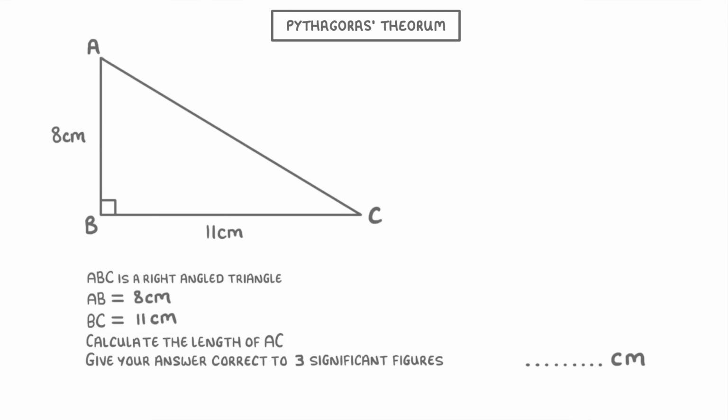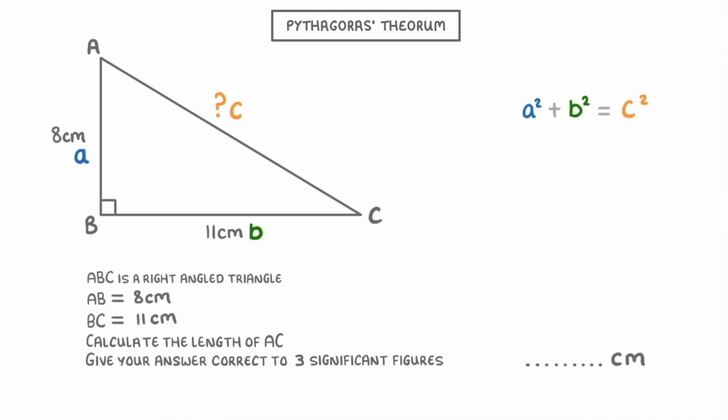Let's try one more in this style. So in this question, we're trying to find the length of AC, which is this one. So we can give this line a question mark. And from this point onwards, we can ignore the letters that they've given the corners. So we need to label our sides A, B, and C, like we would for any Pythagoras question, and write out the equation.